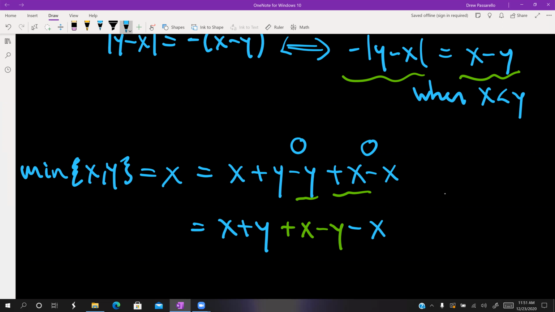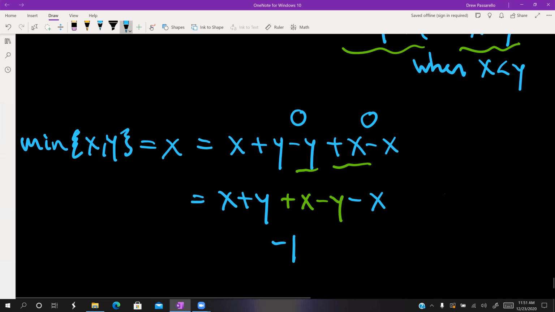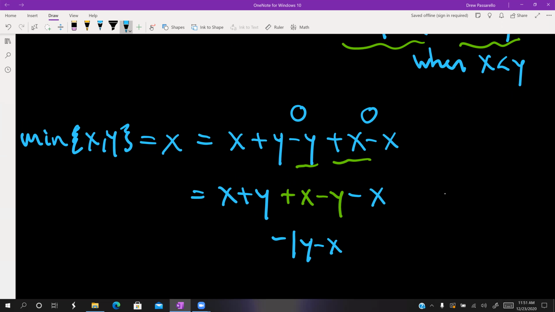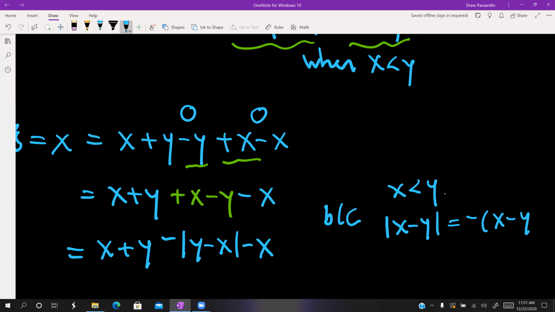And in green, that x minus y is the same as negative times the absolute value of y minus x. Again, because since x is less than y, then we have the absolute value of x minus y is equal to negative times x minus y.